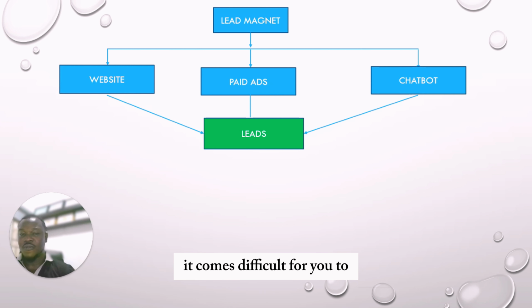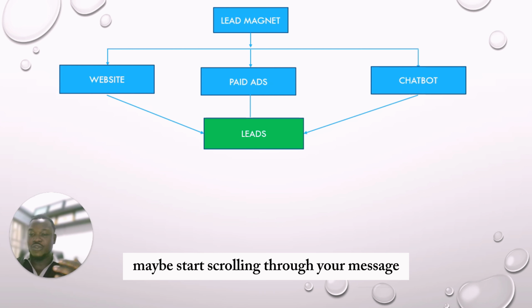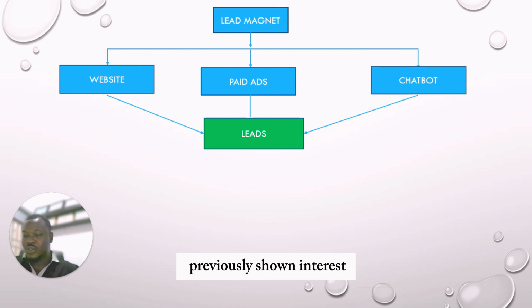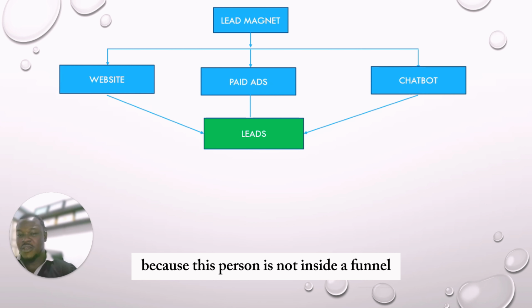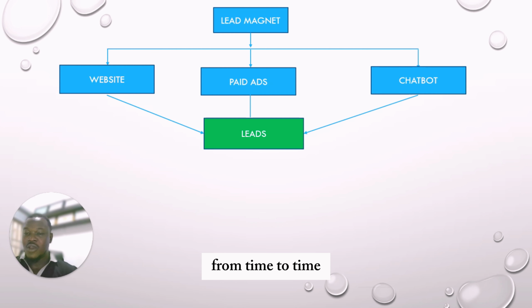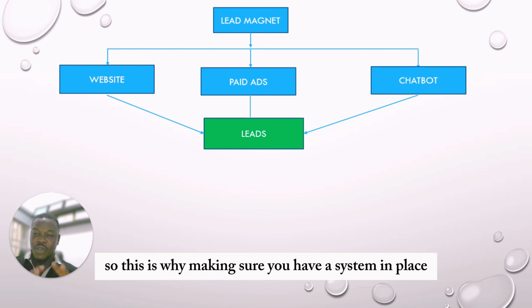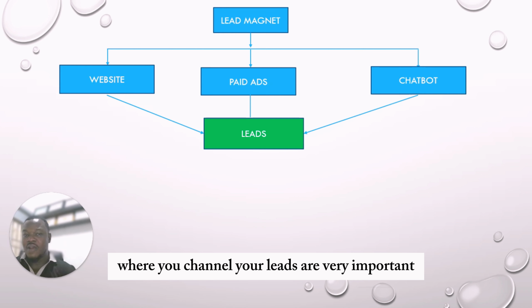Now it becomes difficult for you to start scrolling through your messages or remembering a customer who has previously shown interest, because this person is not inside a funnel. You didn't put this contact into a funnel where you can easily reach out to them from time to time. It becomes very difficult to keep up the communication. So this is why making sure you have a system in place where you channel your leads is very important.